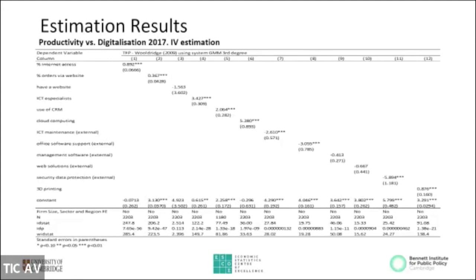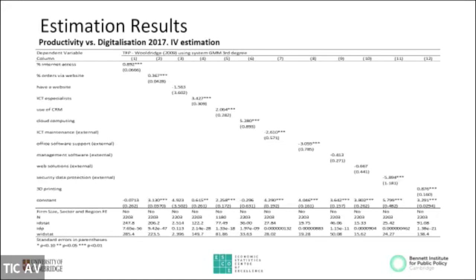So a lot of these variables are highly significant. But again, you've got that mix of positive signs and negative signs. So this is the kind of surprise finding that's emerging from all of this. Don't know how well you can see it in the room, but for example, using cloud computing, very strongly positive, but getting your ICT maintained externally, very strongly negative.